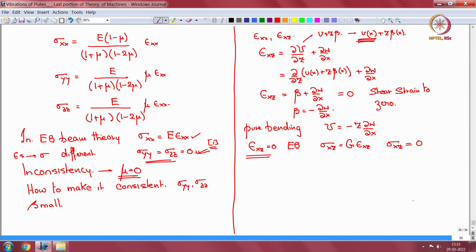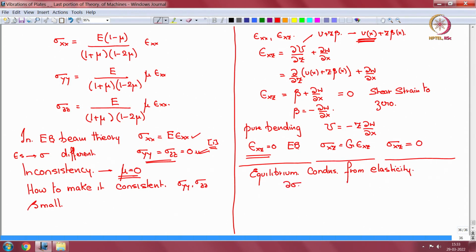Okay, but now watch, if we use the equilibrium conditions from elasticity, okay, then we get del sigma xx by del x plus del sigma xz by del z equal to 0.